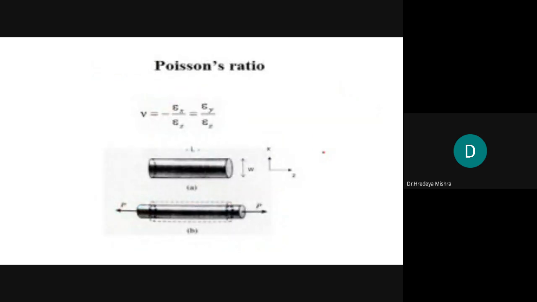Now, what is the Poisson ratio? The Poisson ratio, denoted by mu, is equal to epsilon x divided by epsilon z, equal to epsilon y divided by epsilon z. So what is the meaning of that?